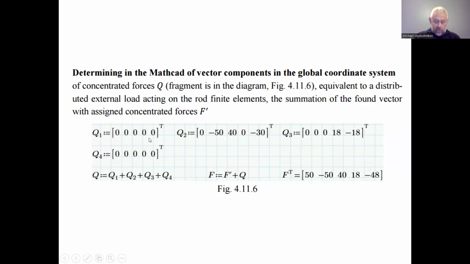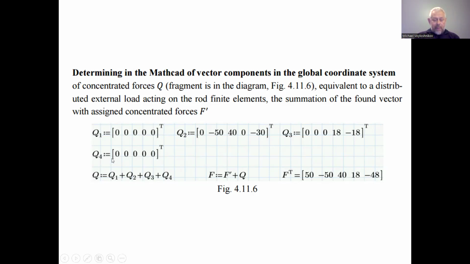The force is 0, so the force does not imply on the concentrated forces acting to the nodes in the directions of the displacements subject to find.